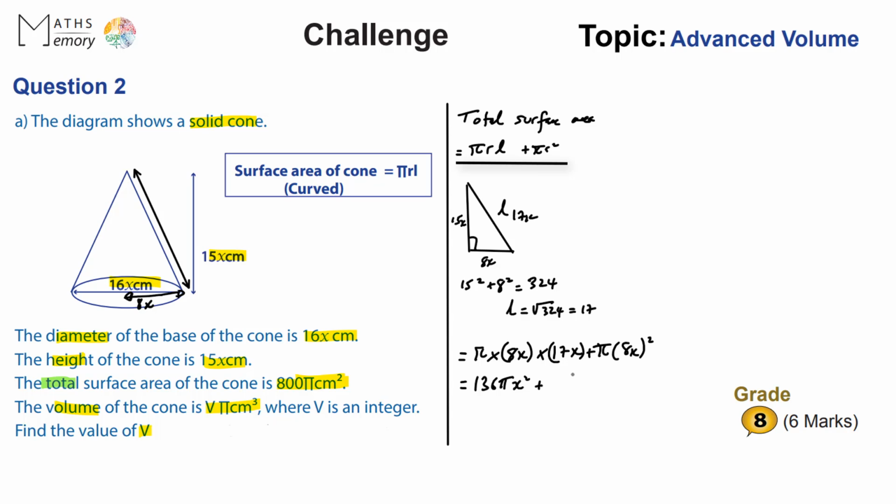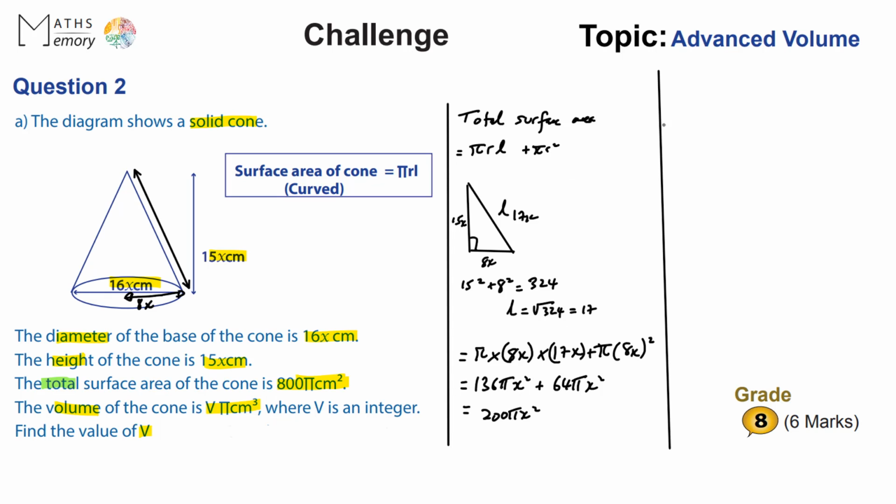And over here, this will be 8x squared, which is 64 pi x squared. We add these two together, 136 plus 64, because we have the same building blocks, pi x squared: 200 pi x squared. Now this 200 pi x squared is the same as this 800 pi, as we've seen over here.